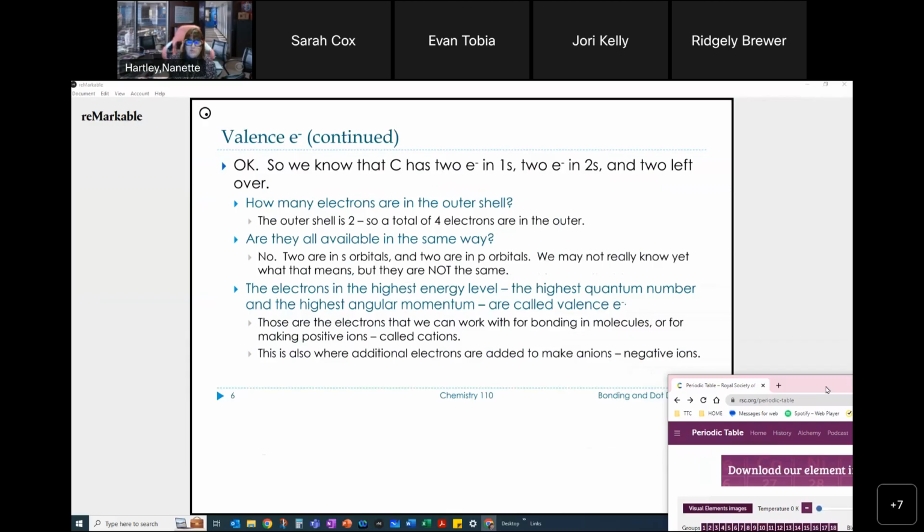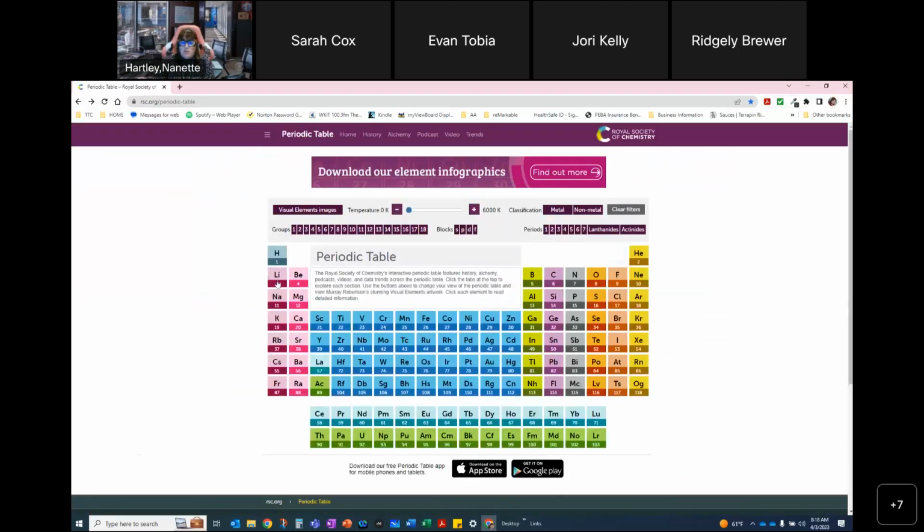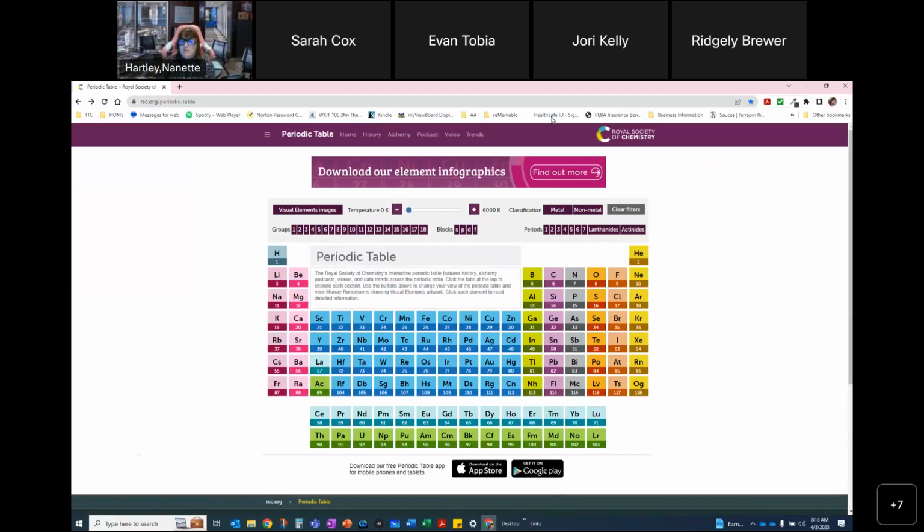We could take away from 2p or 2s, okay? So that's where we're going to be dealing with that. And those electrons that are in that outermost group, this level 2 for carbon, those electrons are his valence electrons. So nothing that's in the completely full 1, but everything that's in the 2. Questions about that?